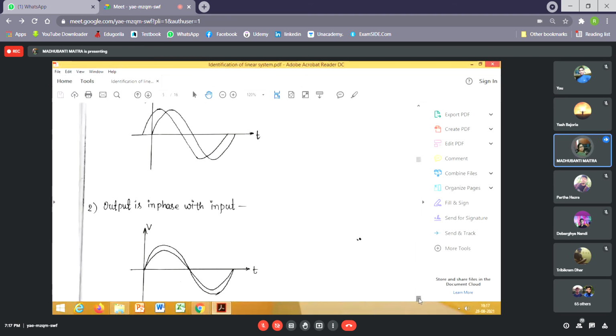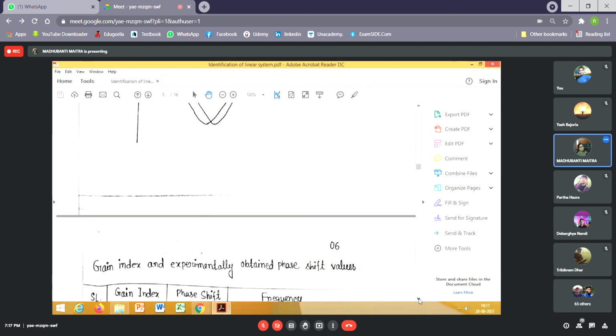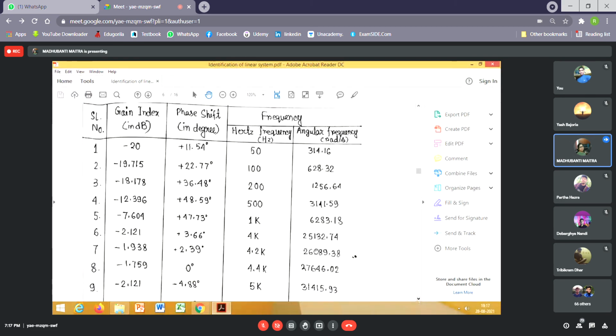So from the values given, we'll have to compute this particular table. Gain, as I said, in dB will be 20 log 2b by 2a. Phase shift will be sine inverse of 2c by 2b.